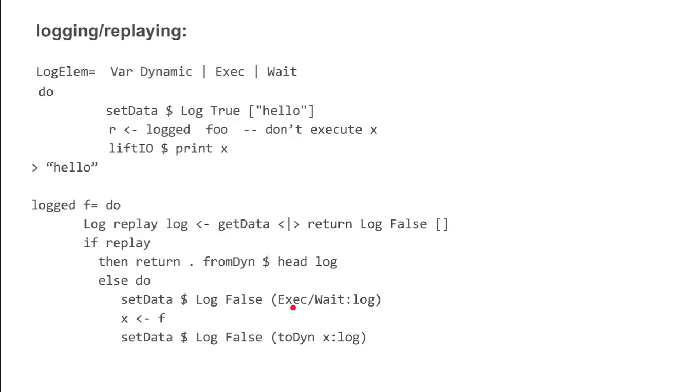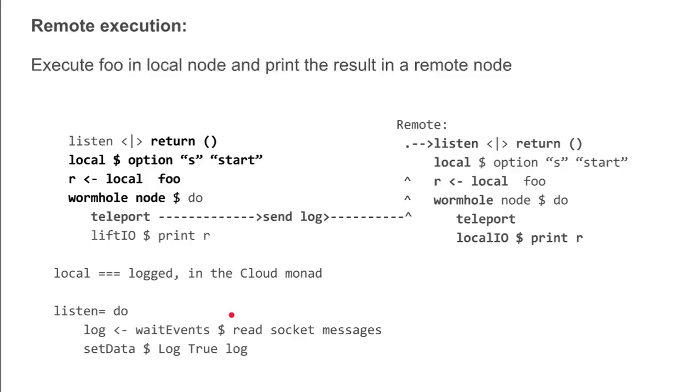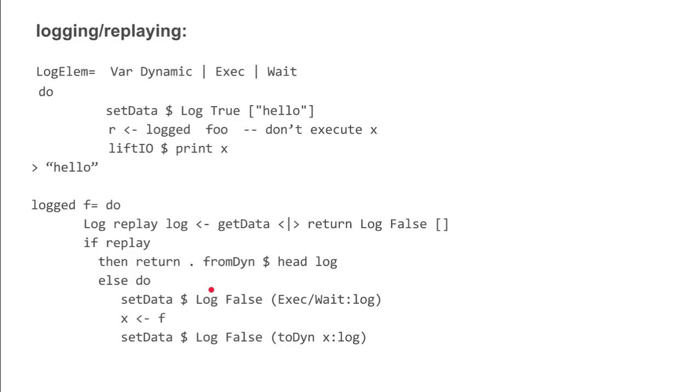And there is another good property of this, because it will work well with alternative computation and so on, so it's consistent. Logging is useful where there are primitives for recovering state and checkpointing state after failures and so on.